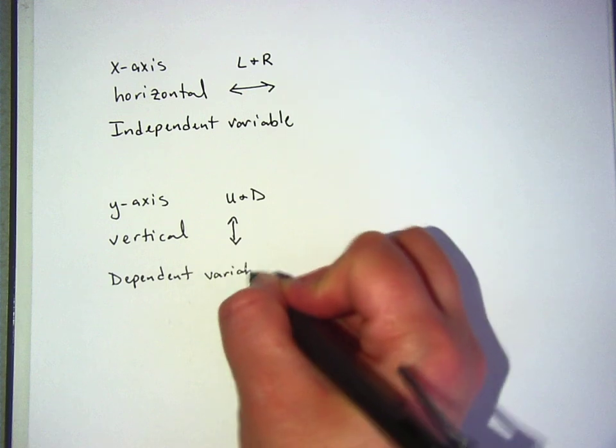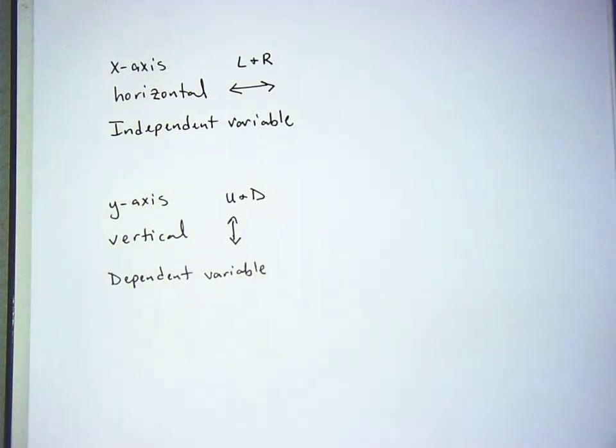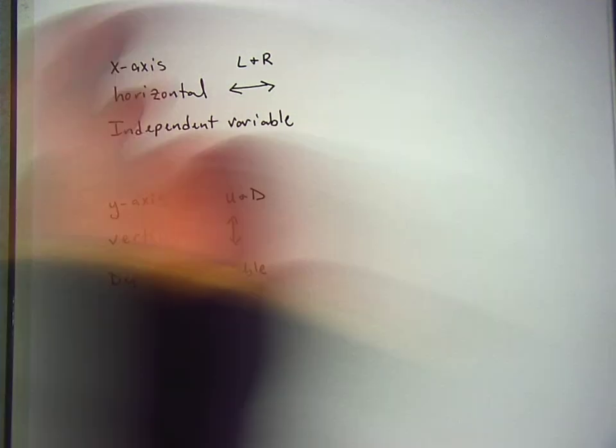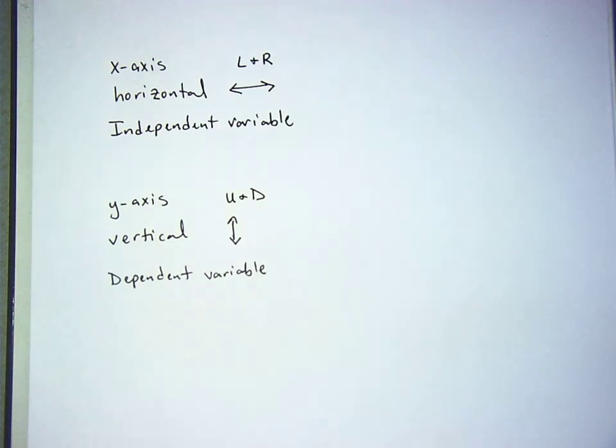And that makes sense because if you were graphing something, usually on the x-axis goes something stable like time, and the y-axis depends on what the x-axis is. So if I said, where were you today?